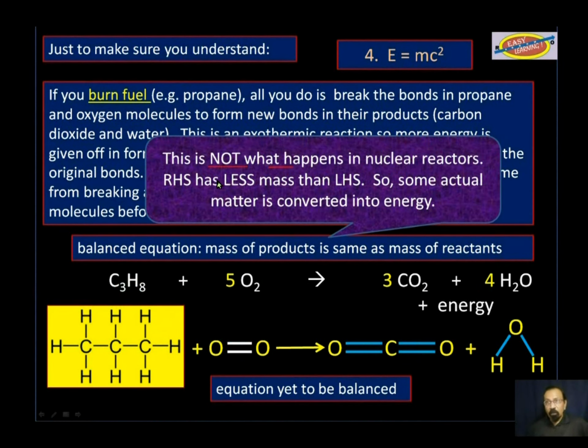This is not what happens in nuclear reactors. The right hand side of this arrow has less mass than the left hand side. So some actual matter is converted into energy. So we are talking about two completely different things here.